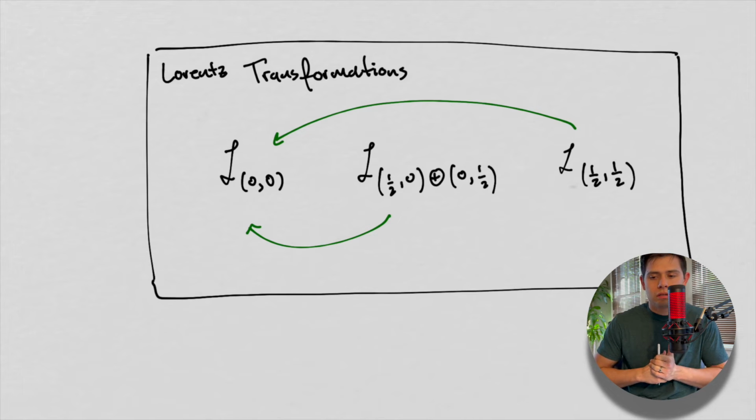What we're going to do is focus on these three representations. We're going to get a lot of interesting physics out of them. And from that, we're going to ask this question again, and after we ask that question, we're going to dive into building the standard model.